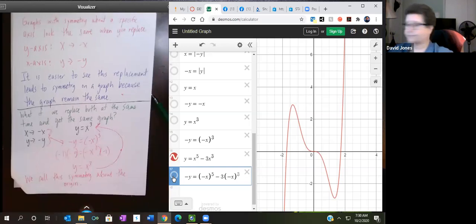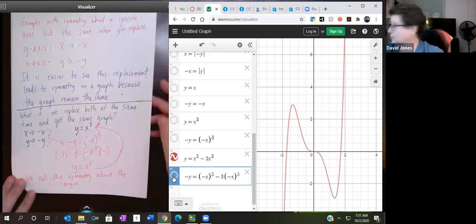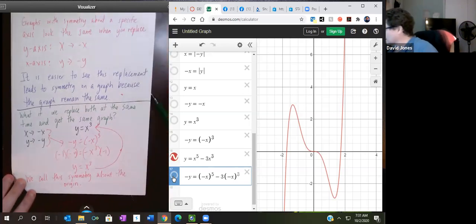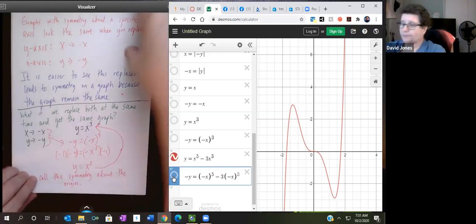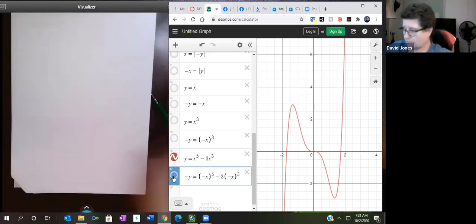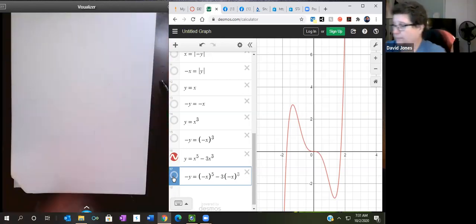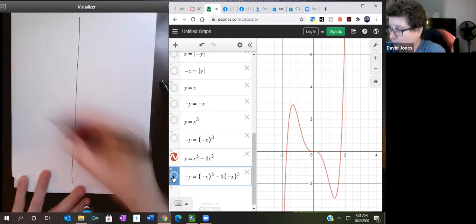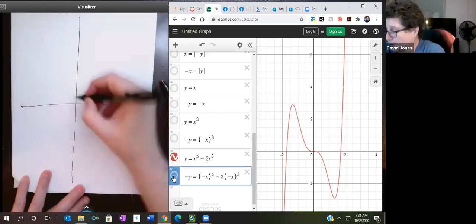Okay? And what that means, I'm going to draw it by hand. I'll pause this and get it up a little bit longer. I'm going to do a big graph. We're just going to do y equals x cubed.